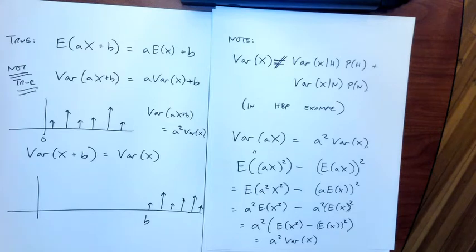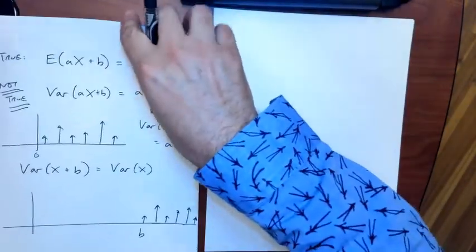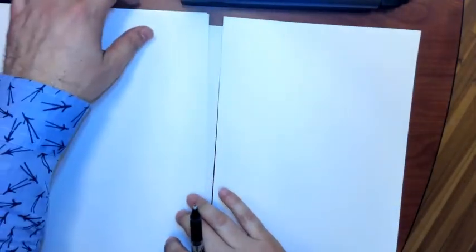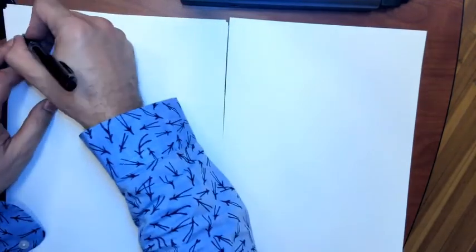Other comments? So let me do a couple more examples. I'm not sure why I have this in my notes here, but I might as well do it because it's right here. Let's think about the Poisson random variable.